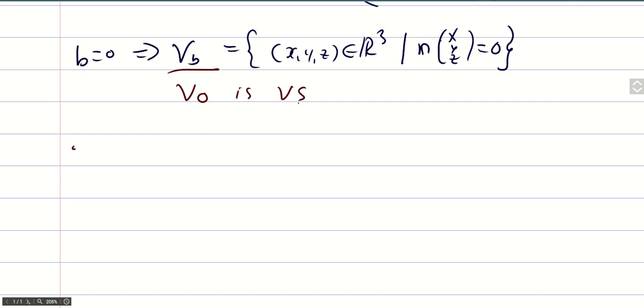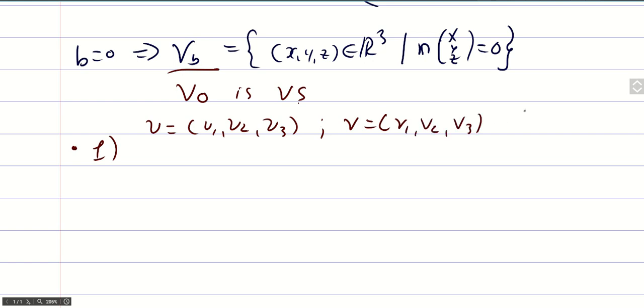So the first thing that we need to show is that the sum operation is closed. So let's pick u equals to (u1, u2, u3), and v equals to (v1, v2, v3). They are elements of V0.